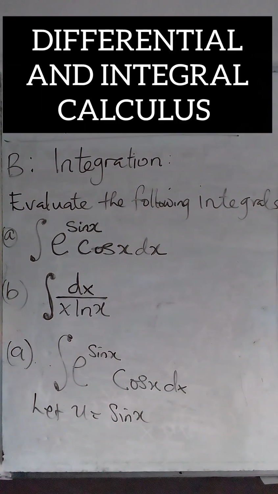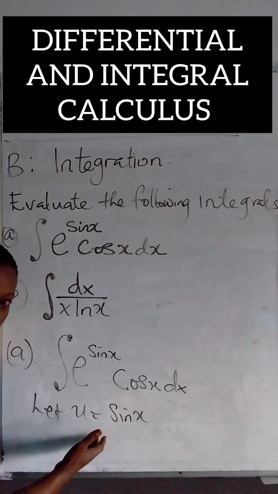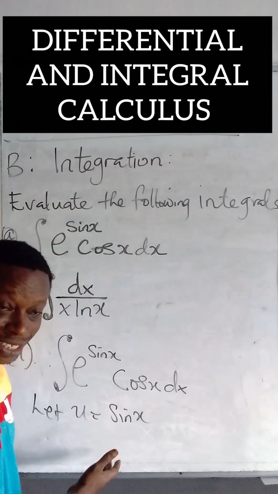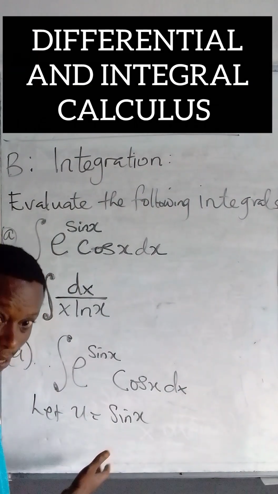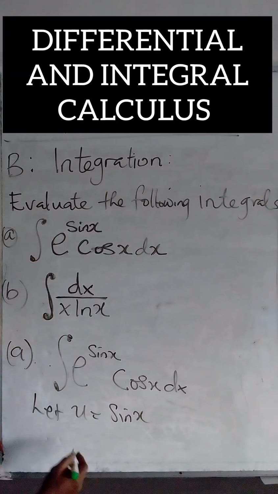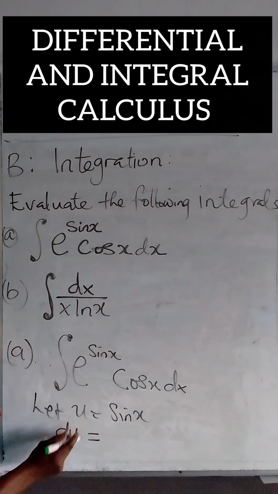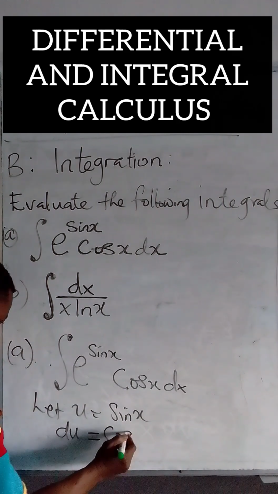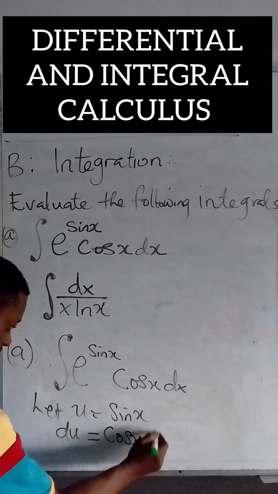In here we are going to perform an elementary differential coefficient. So the elementary differential coefficient of this will give us du. Differentiate u, we have du; differentiate sine x, we have cos x, but with respect to x.